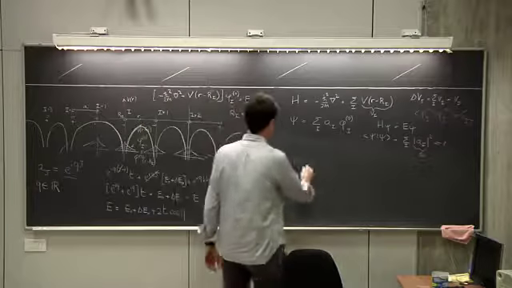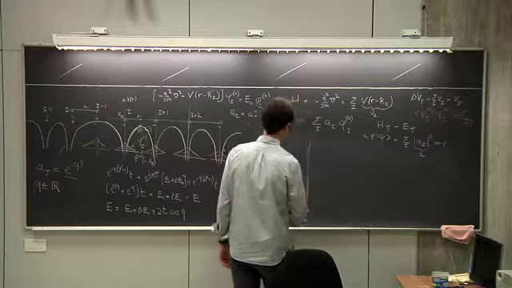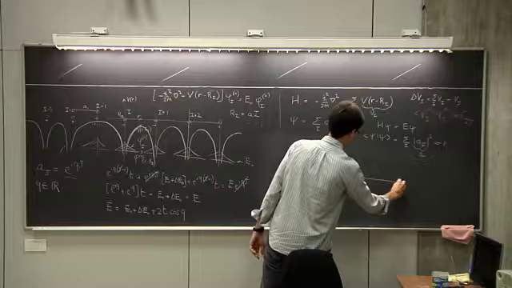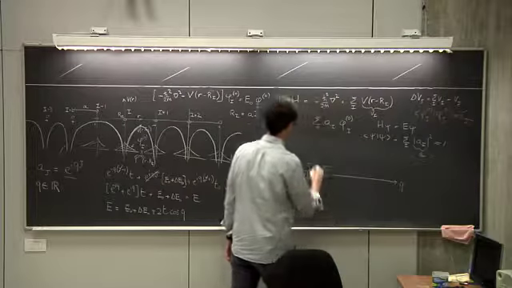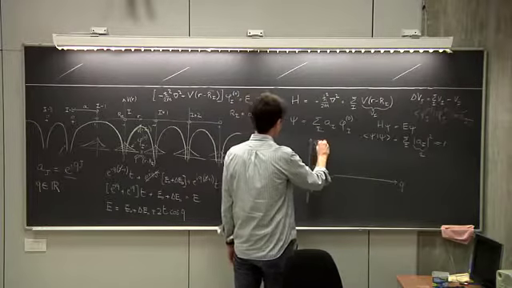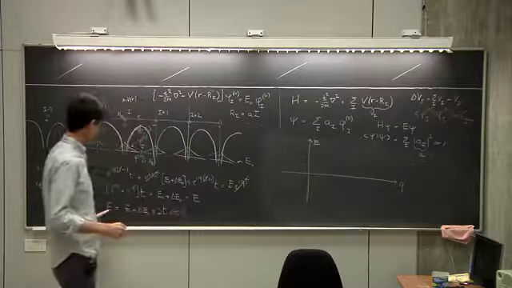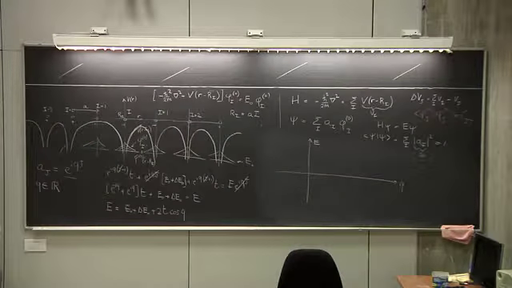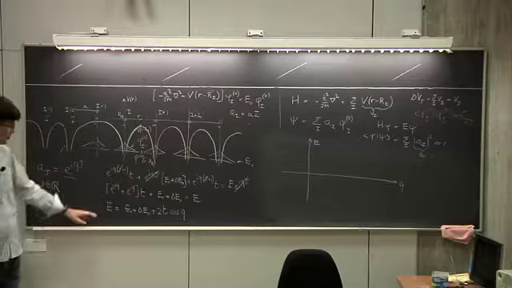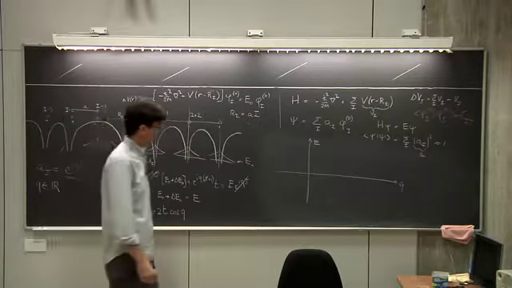So let me now do the following. For example, plot the possible energies as a function of Q. We have an infinite range of possible Qs, and I'm going to plot this function.